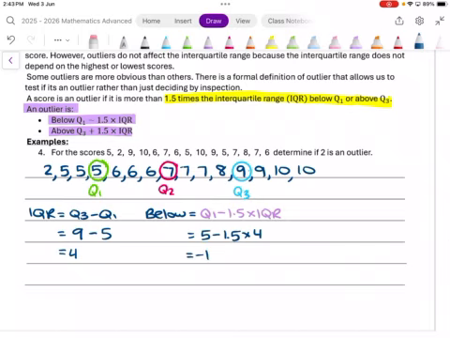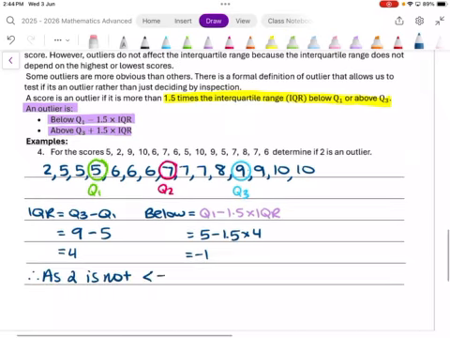So what that means is because 2 is not below -1, okay, 2 is not an outlier. All right, so therefore, as 2 is not less than -1, it is not an outlier.